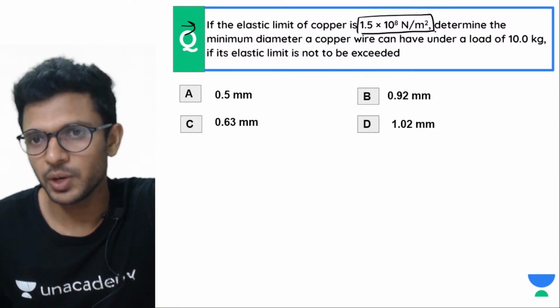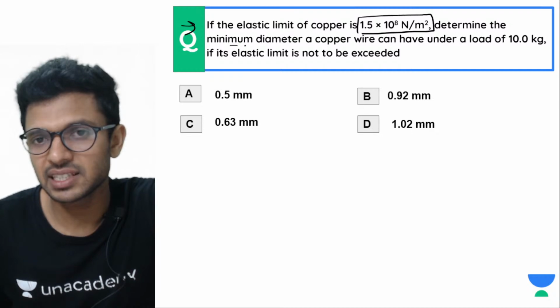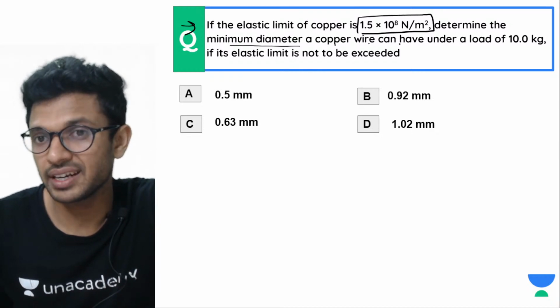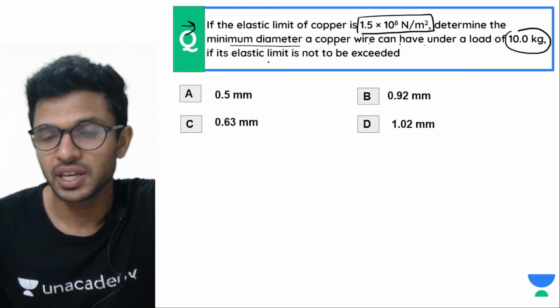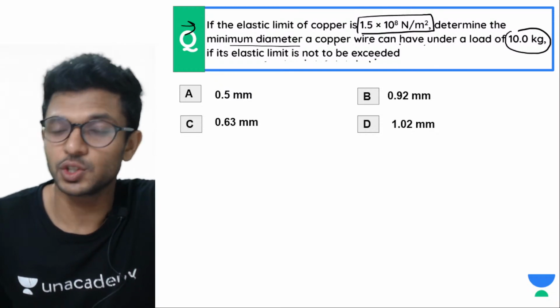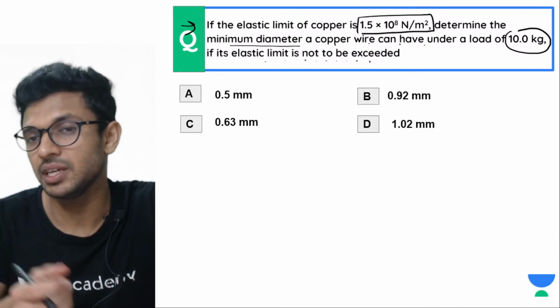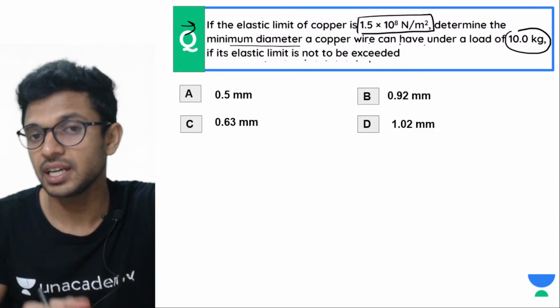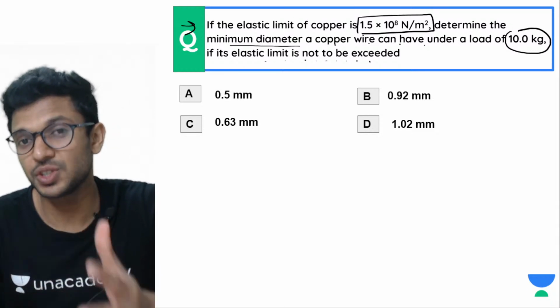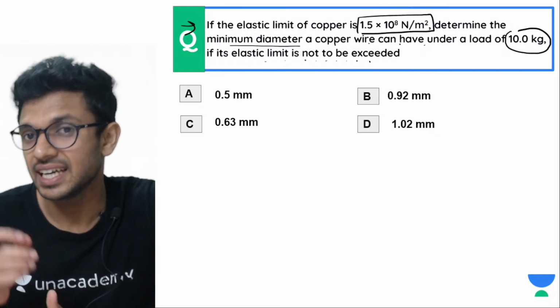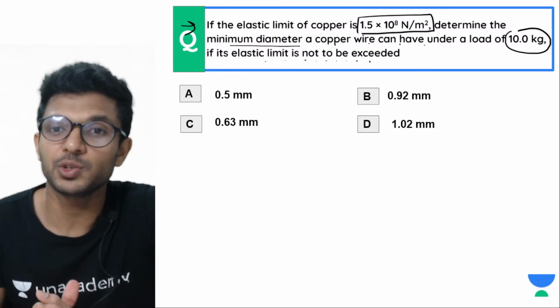Question A: determine the maximum diameter a copper wire can have under a load of 10 kilogram if its elastic limit should not be exceeded. Meaning, you are supposed to find the diameter of a copper wire if the stress should not exceed 1.5 into 10 power 8.